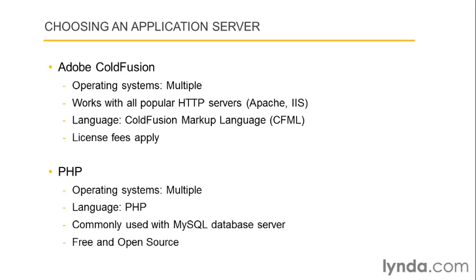And finally, there's PHP. PHP works on multiple operating systems just like ColdFusion. It has its own programming language, also called PHP. It's commonly paired with the MySQL database server, and it's completely free and open source. In this video series, I'll be working with PHP exclusively, although Dreamweaver CS5 does have very strong support for Adobe ColdFusion.